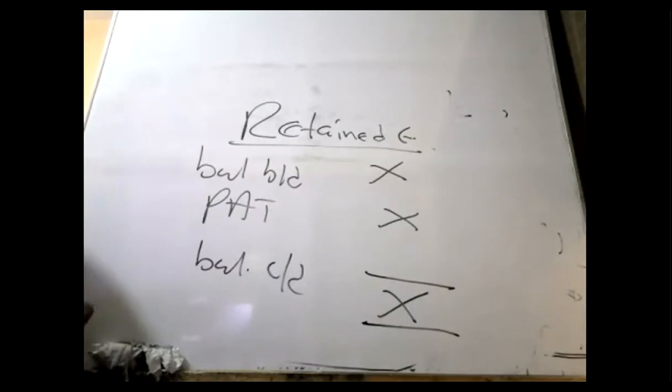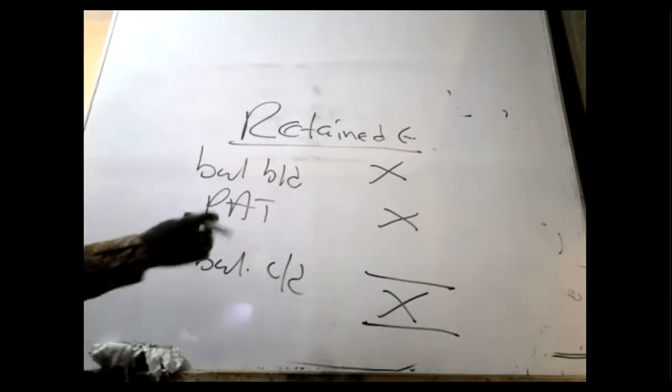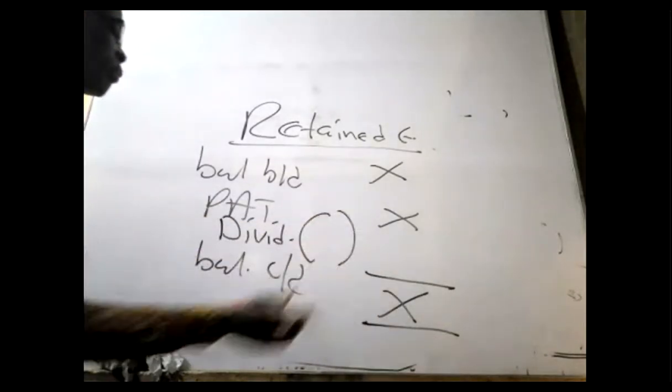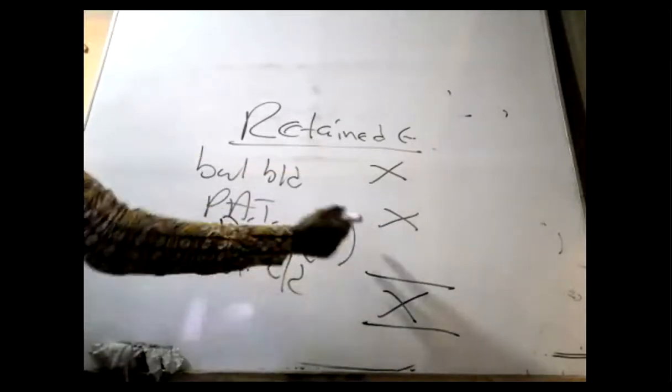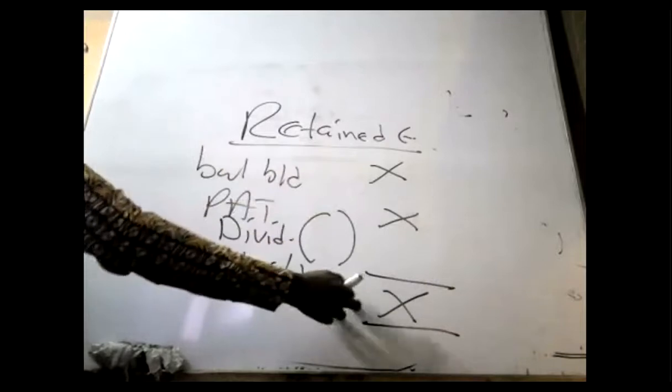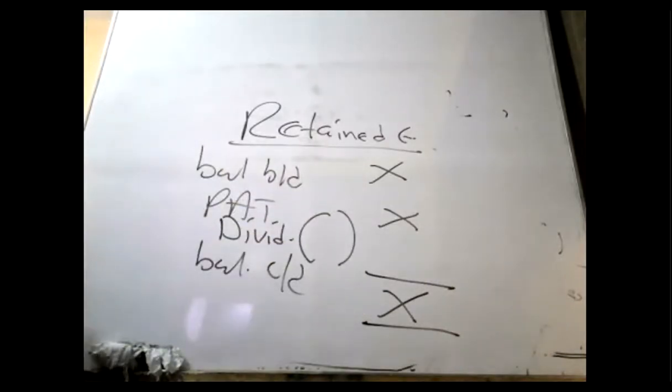If they are not the same, then the difference represents what? It represents the dividend paid. So it's a balancing figure. The balancing figure between what? The opening balance of the retained earnings together with the profit after tax, and then this.